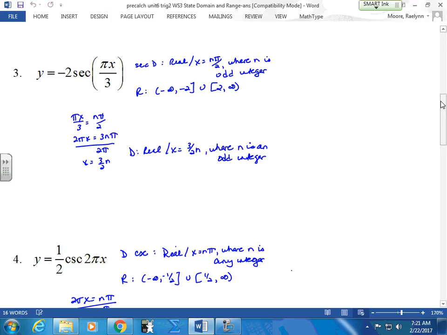Secant works like tangent, and pi over 2 where n is odd. The range changed on this one, because instead of -1, we went to -2, and we went to +2. So just change these pieces. Again, set these equal to each other, cross multiply, and solve for x.